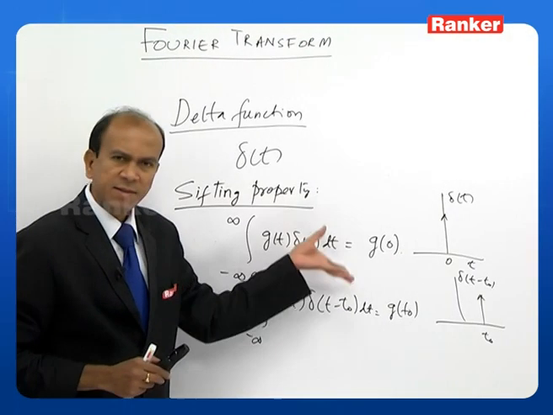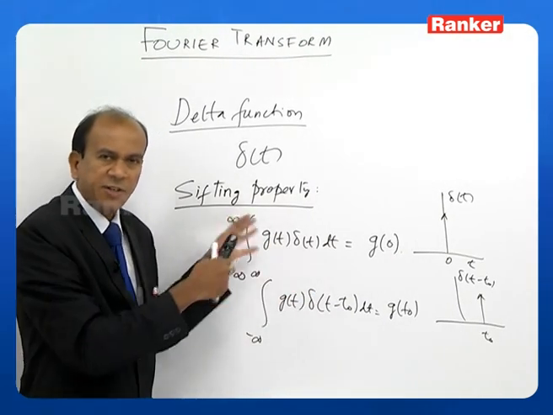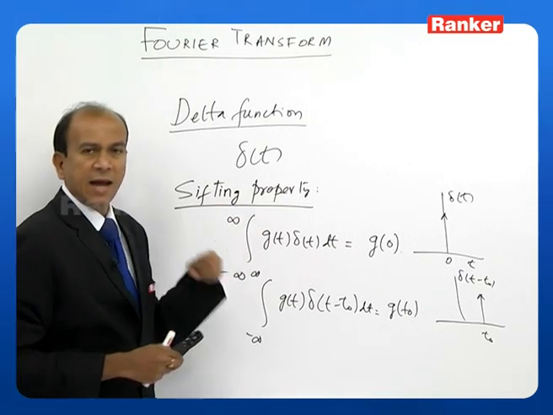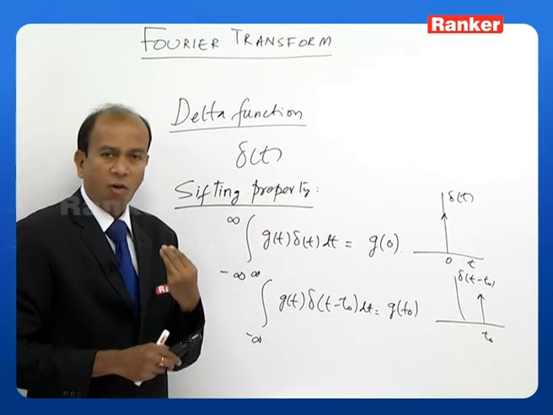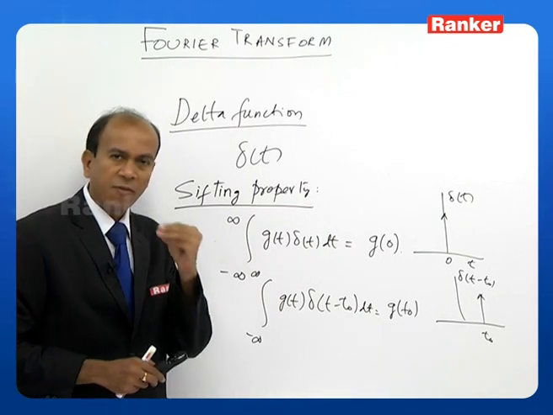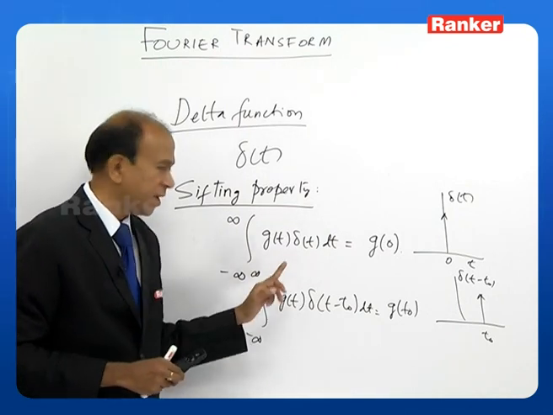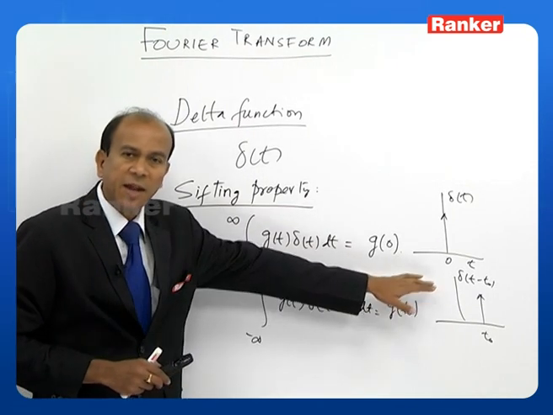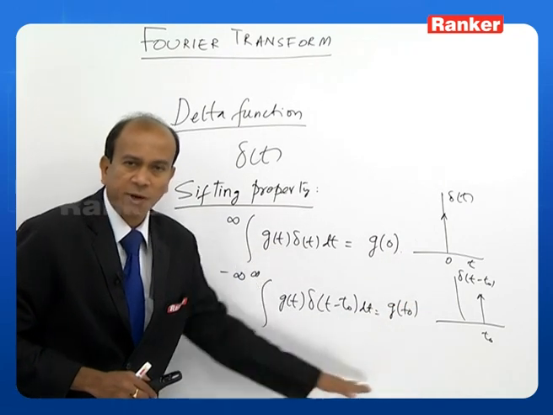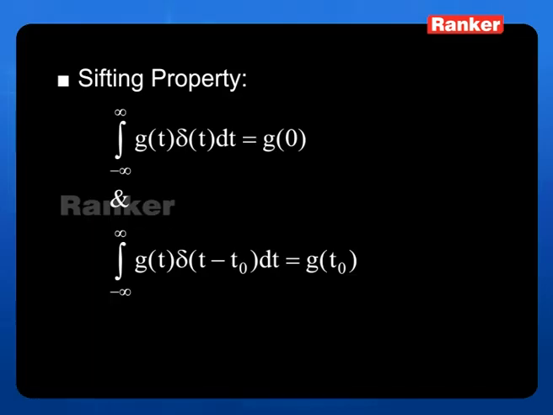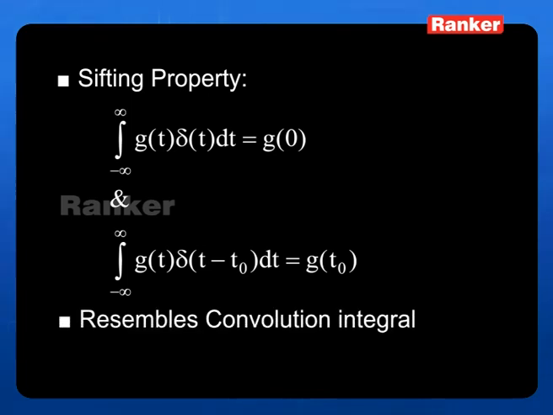You can extend this, and you should appreciate that shifting means a sort of selection or filtering action is happening where a single component of your given signal can be taken out. This is the importance of the shifting property. If you look at this shifting property, it almost resembles convolution. Earlier, if you have seen the properties of convolution, we said g of t convolved with delta of t will be g of t itself. So that is a convolution property.